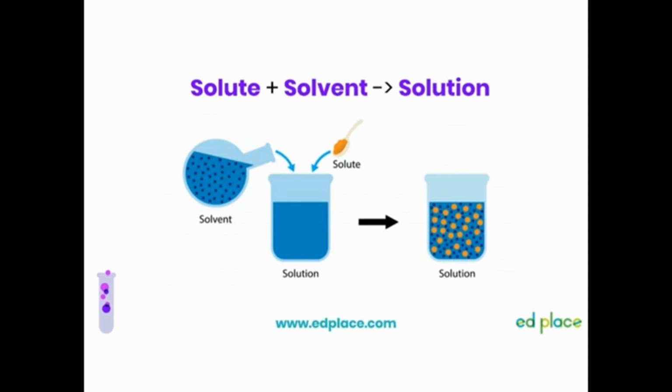And of course, when a solute is combined with a solvent, it produces a solution. Solute plus solvent will give you a solution. So, like we have said, the solution is an homogeneous mixture of a solute and a solvent.